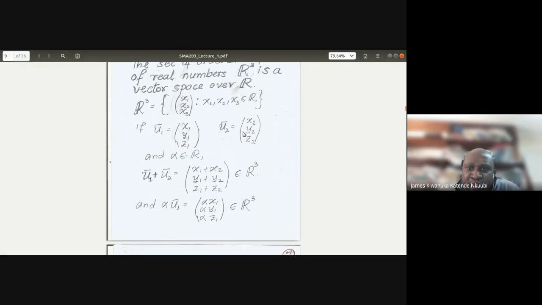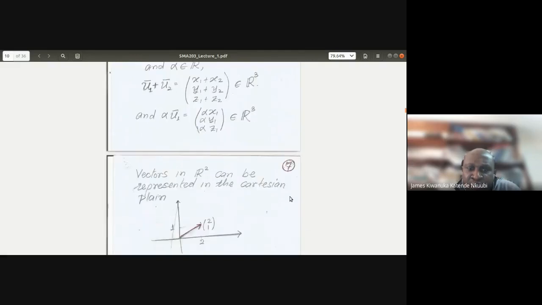So u1 plus u2 will be x1 plus x2, y1 plus y2, and z1 plus z2. And if you multiply the vector by a scalar, it simply means you multiply every element in the vector by the same scalar. So that alpha u1 will be alpha x1, alpha y1, alpha z1. So those are the two operations you need.